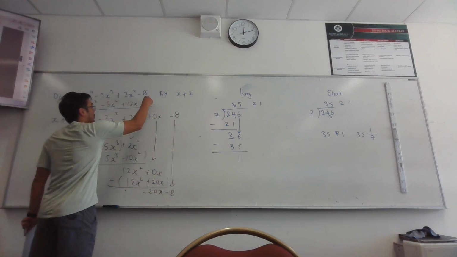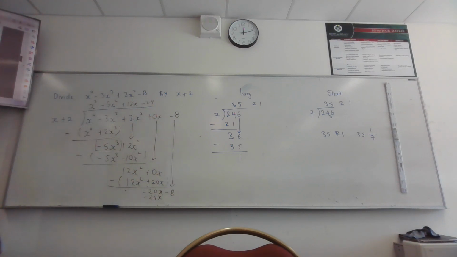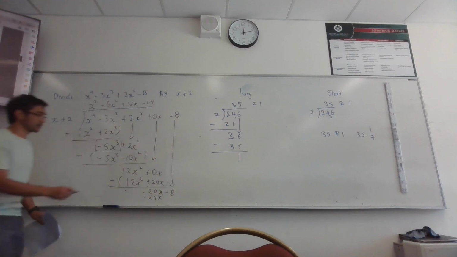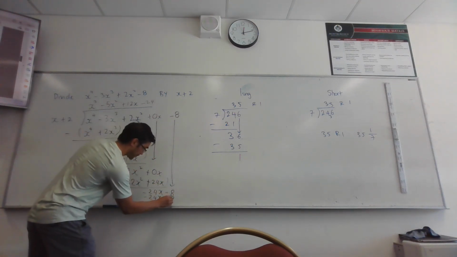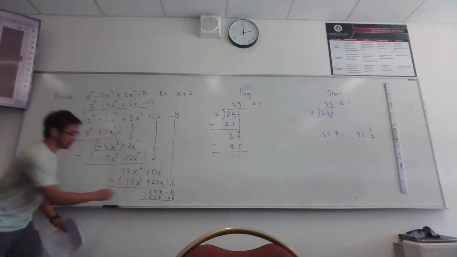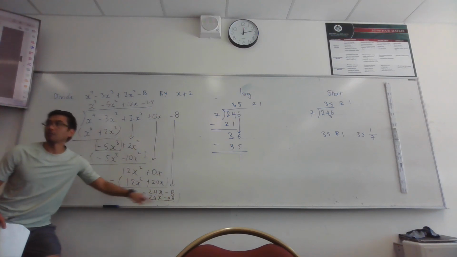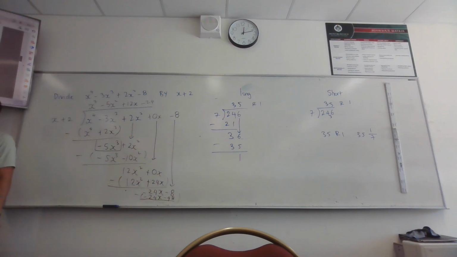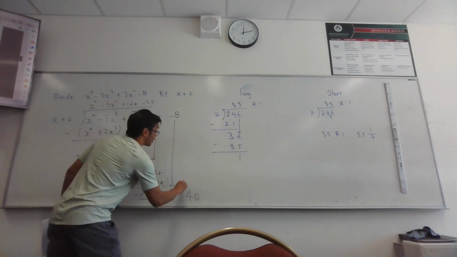Let's complete that. 2 times negative 24, negative 48. Lastly, when we take them away, negative 8 minus negative 48, plus 40. So the remainder is 40.